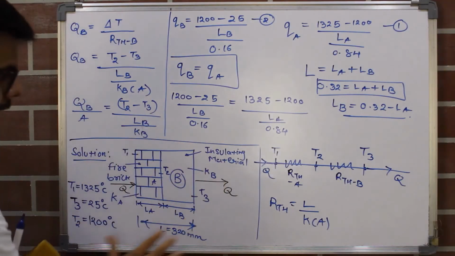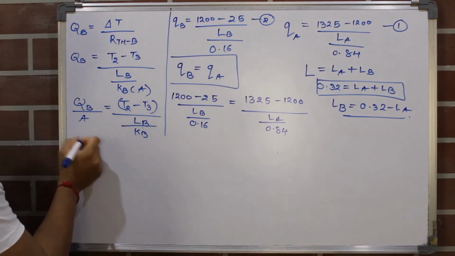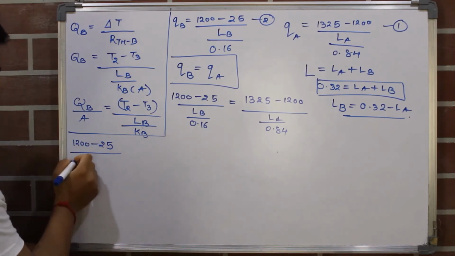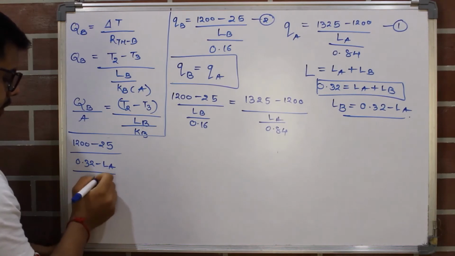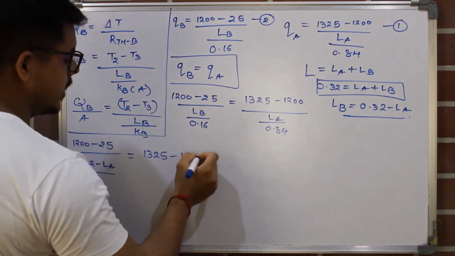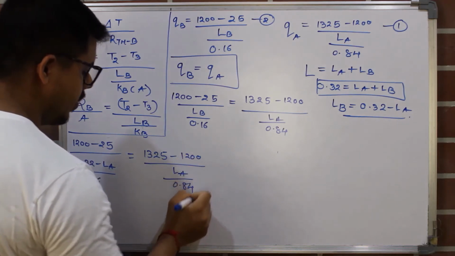So substitute LB from this equation into this. So I will rub this part. I hope you had drawn this. So it will be 1200 minus 25 divided by, what is LB? It is 0.32 minus LA, upon 0.16, is equal to 1325 minus 1200 divided by LA upon 0.84.